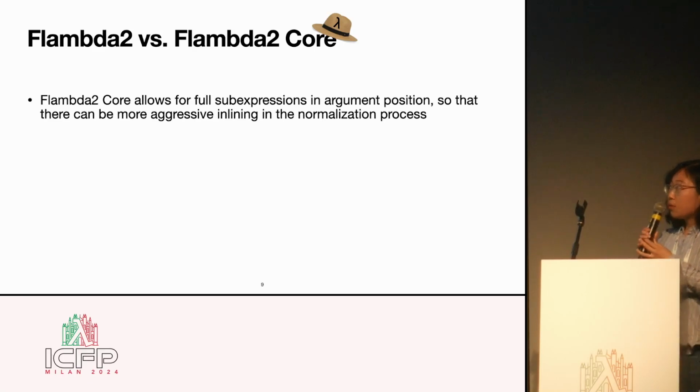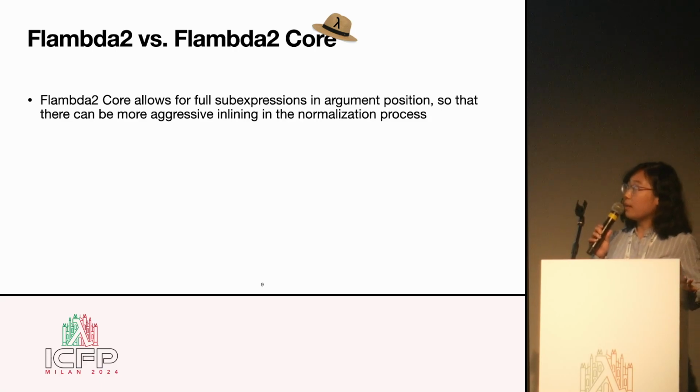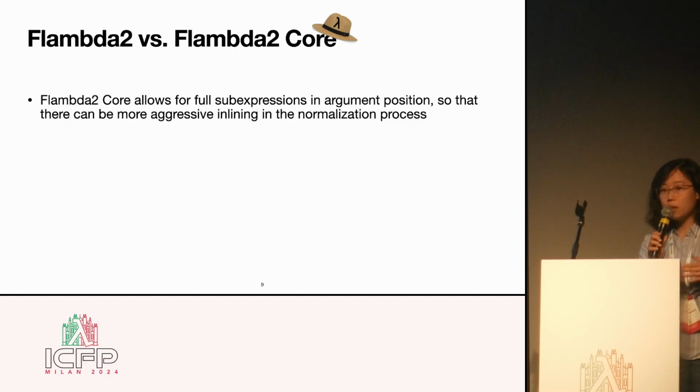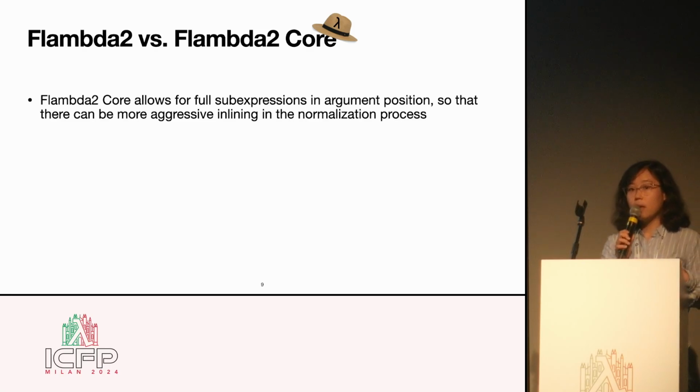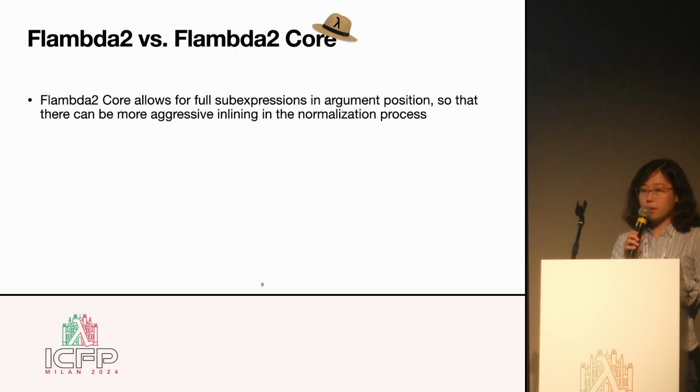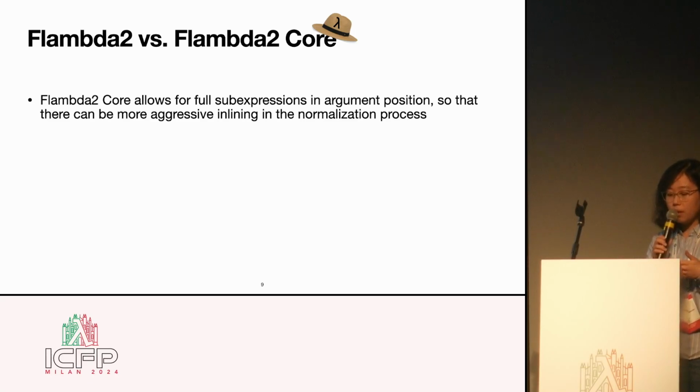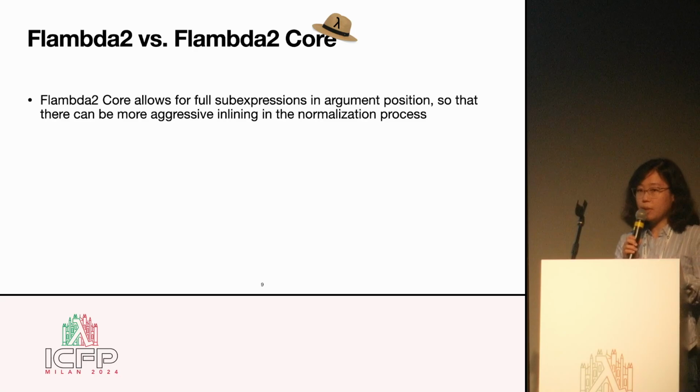One core difference between Flambda2 core and Flambda2, of course, is that when you want to do function inlining, you typically don't want to do full sub-expression inlining because oftentimes that results in much more inefficient terms. But for the sake of validating our terms, actually being able to have full sub-expressions in argument position is okay, as long as we're okay with term explosion.